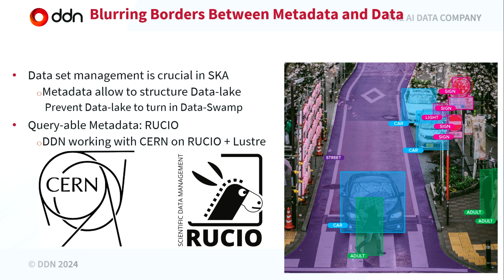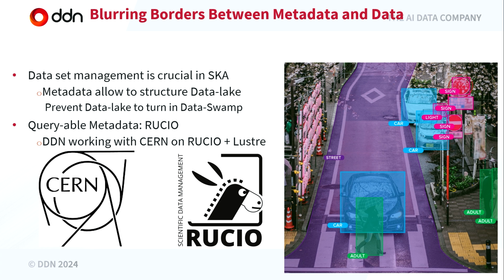Okay, one slide, I've already hinted about it: this notion of data and metadata. It will be true, of course, for SKA, because this is an acquisition device, so you need to tag a lot of things on your data. The time, of course, what part of the sky, a lot of instrumental information. You can also include as metadata some kind of thumbnail version of the data. So at the end, this notion of data and metadata is a bit more blurry, and this is what we're observing also in other fields of the industry.